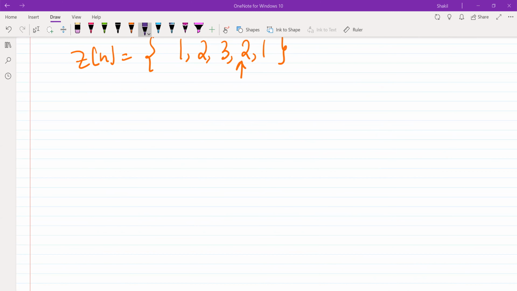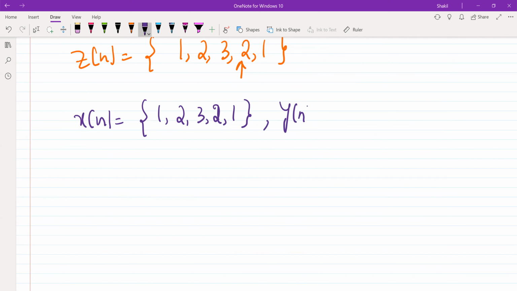So my x of n is 1, 2, 3, 2, 1. And my y of n, which is same as x of n minus 1, is the same sequence, where the origin point is here.